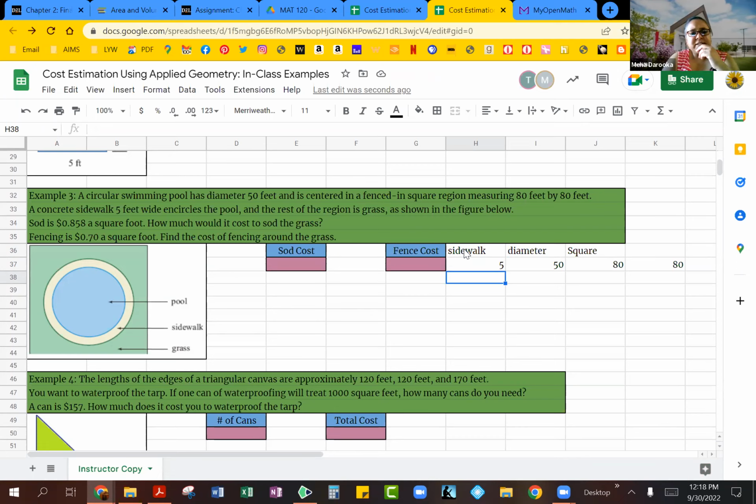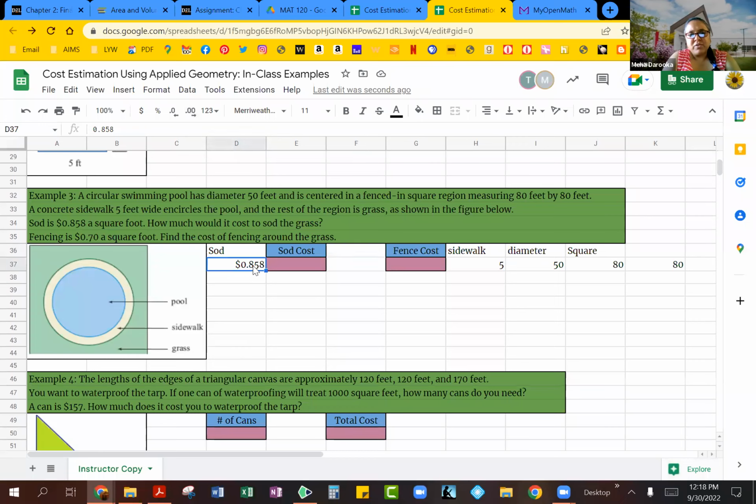So they're telling us sod is costing us 858, and of course, that is a dollar amount, and that's going to be for each square foot. And I do want to leave it at 3 decimal places.